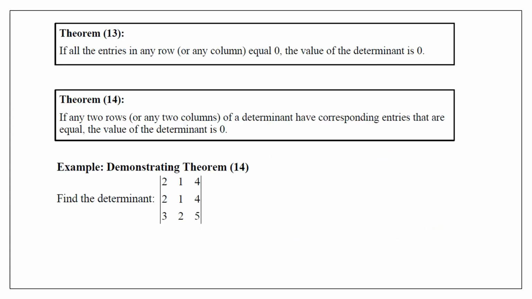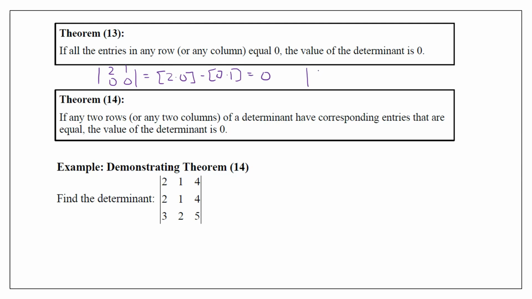Our next property says that if all entries in a row or any column equal 0, then the value of the determinant is also 0. So just for an example to have in your notes, say we have 2, 1, 0, 0. If I evaluate this, I'll have 2 times 0 minus 0 times 1, which will equal 0.